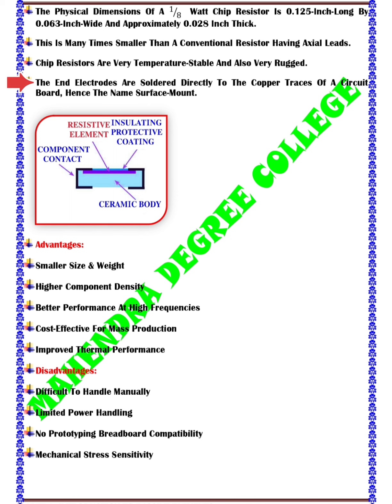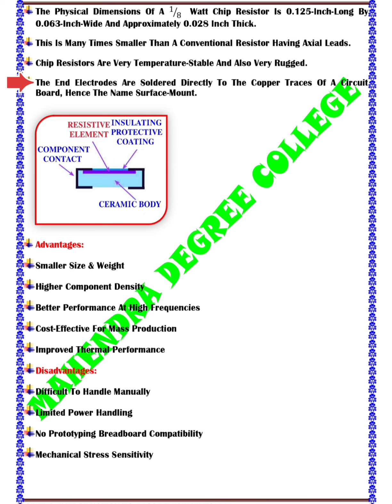The end electrodes are soldered directly to the copper traces of a circuit board, hence the name surface mount. Simply, the statement accurately describes surface mount technology. Surface mount technology involves mounting electronic components directly onto the surface of a printed circuit board using solder.